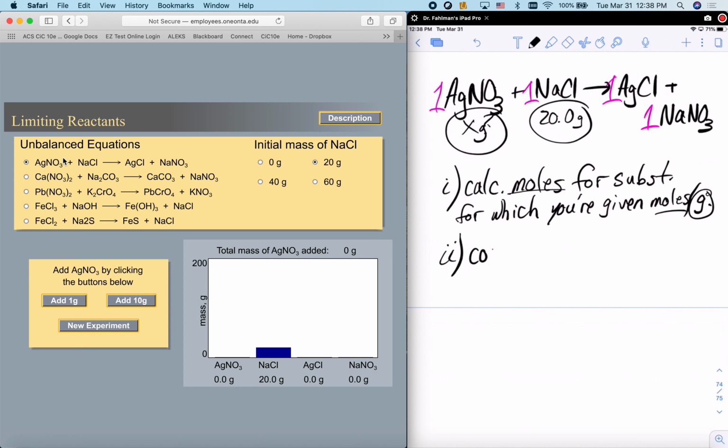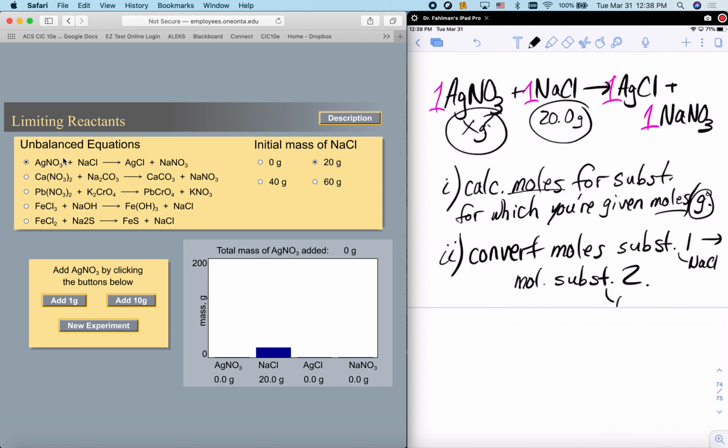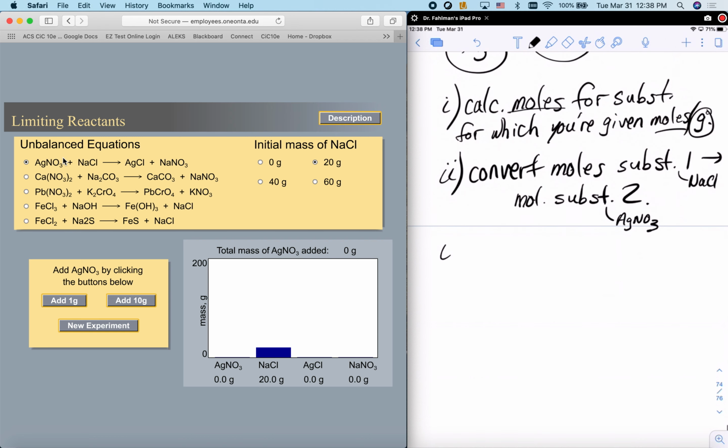And then you just convert moles of substance 1 into moles of substance 2. Okay? In this case, substance 1 is going to be NaCl, and substance 2 is the silver nitrate. Okay. And then once you have moles of silver nitrate, then you calculate the grams for substance 2. Okay, so you go moles to grams.